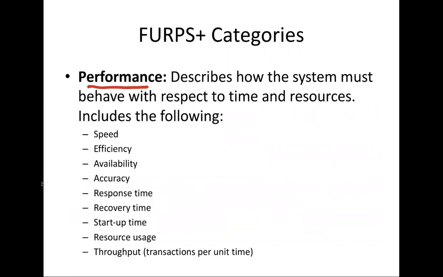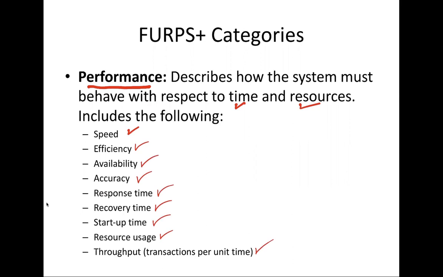In the performance category of the checklist, you just need to look at those requirements that describe how the system must behave with respect to either time or resources. At this point, you need to include those requirements that are related to speed, efficiency, availability, accuracy, response time, recovery time, start time, resource usage, and throughput.